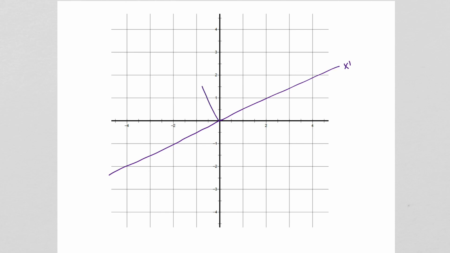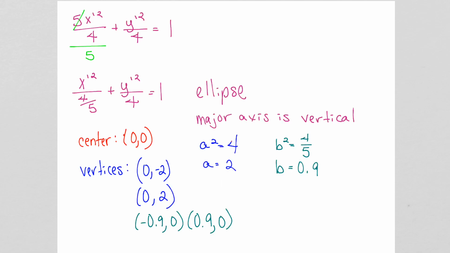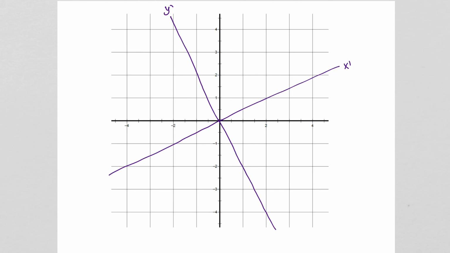And so y prime will be there. Okay. So our vertices, let me just take this over here so I don't have to keep going back and forth, put it on the page before.